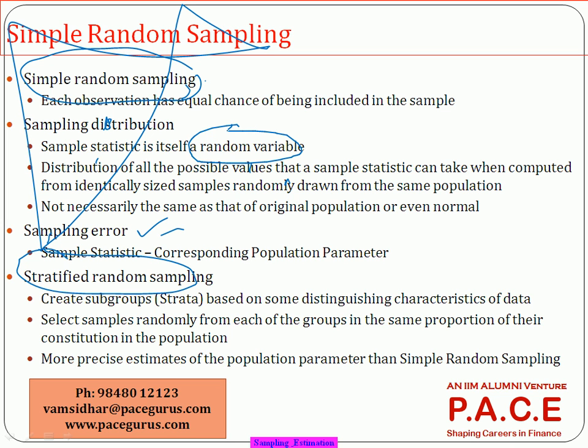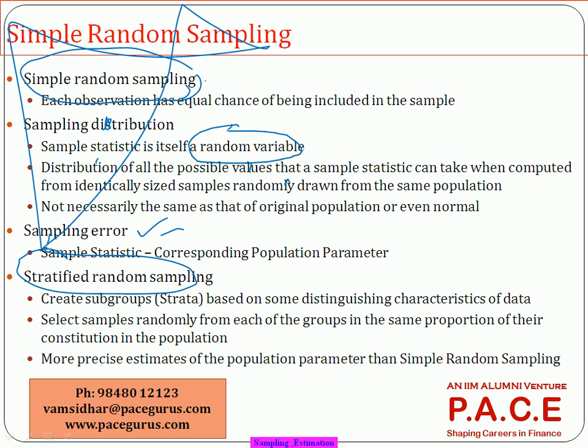Random variable means it also has a distribution. It could be a normal distribution, it could be a binomial distribution. In our last class we looked at how any random variable we can associate to a distribution, depending on whether it is discrete or continuous, such as a binomial distribution or a normal distribution.